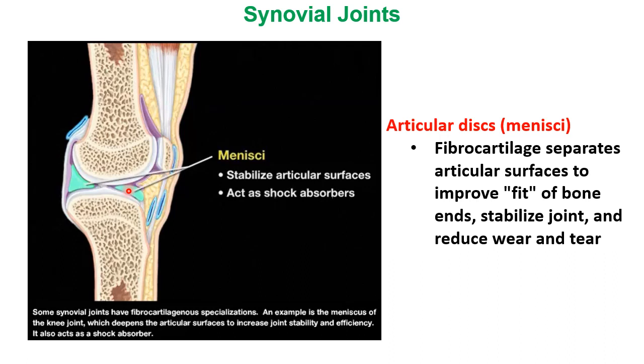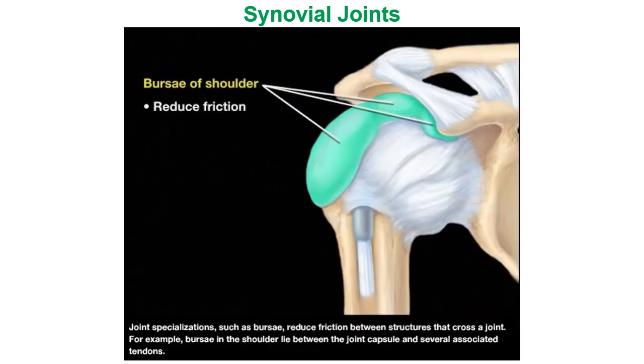So here is an example of a sideways cut of the menisci. Besides that, you also have these other structures. They're like filled balloons. I'm sure everybody had some fun in the summer, filling a balloon with water and throwing it at somebody.